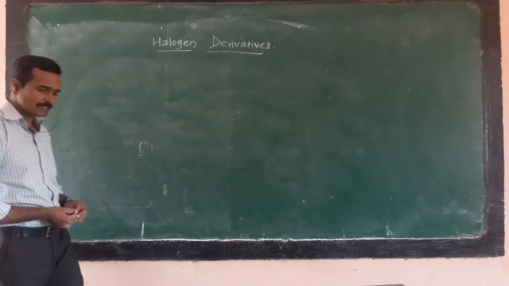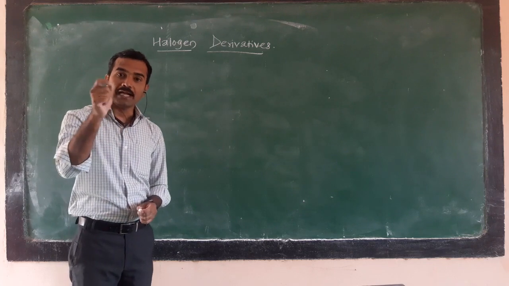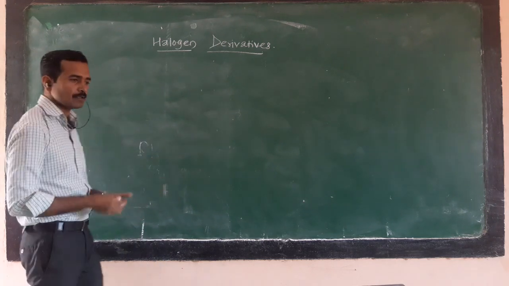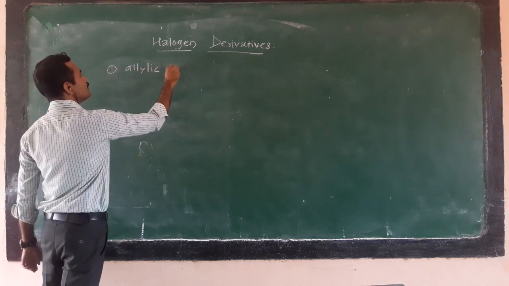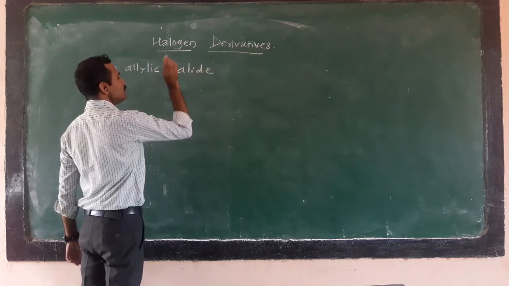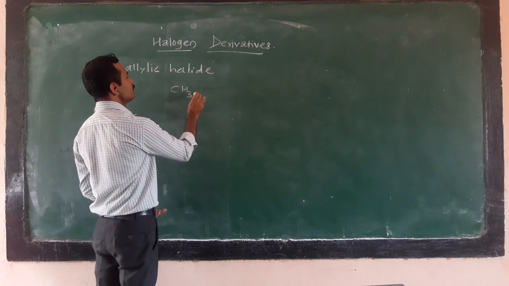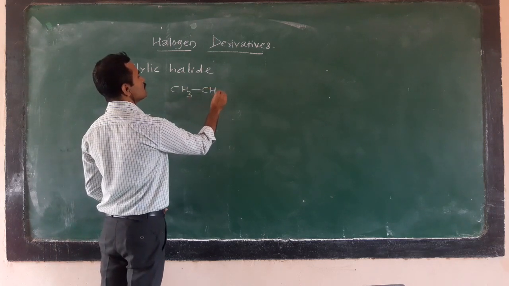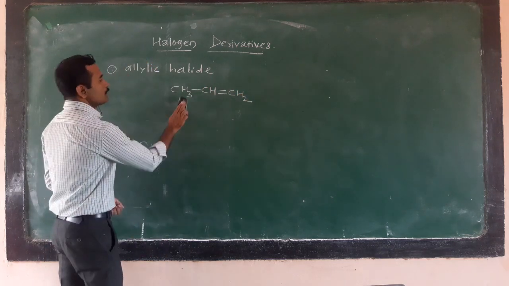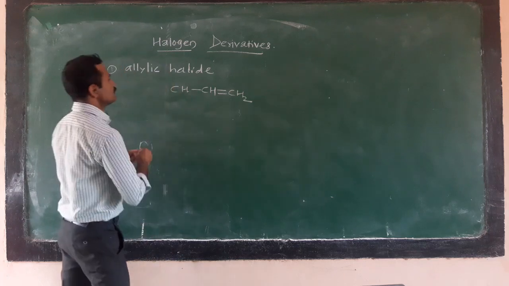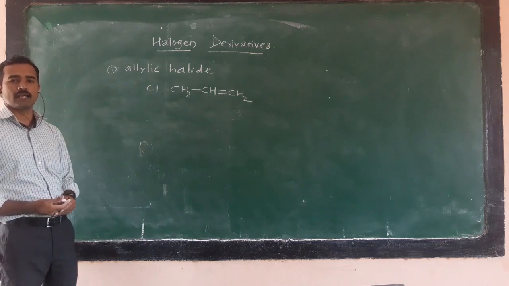Then next classification is according to hybridization, according to the attachment of the halogen atom to the carbon. For example, first one is allylic halide. What is the example of allylic halide? If we write CH3CH=CH2, this is propene, and if one of the hydrogen atoms from this CH3 is replaced by chlorine, then this becomes allylic halide.